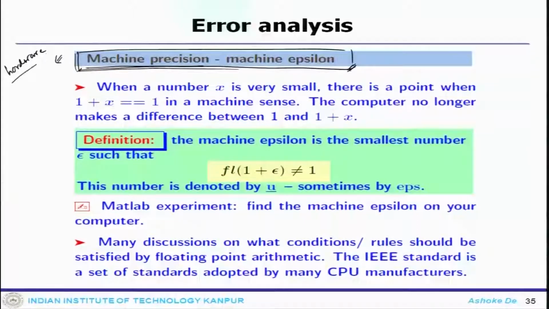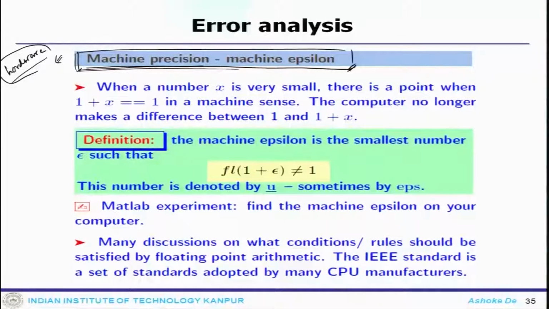So, you may have a high-end CFD code or a numerical method which is higher order accurate, everything is taken care of very nicely, but then if you do not have proper hardware or proper machine precision, again you are going to get a lot of errors.